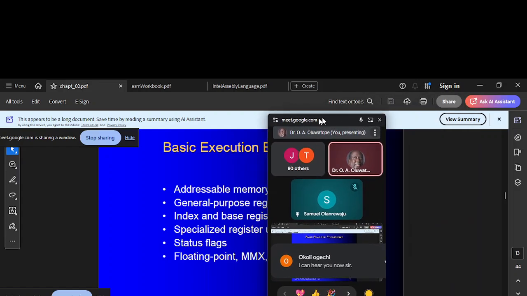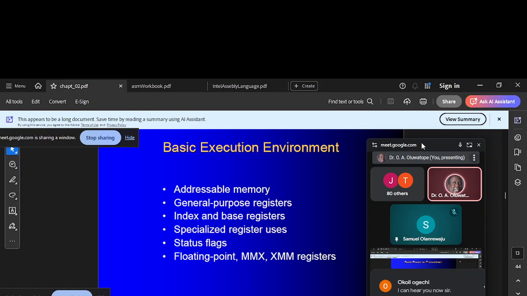Okay, so now let's look at the basic environment of the processor. We'll be considering addressable memory. We'll be considering registers. There are three types of registers: general purpose registers. Remember, I told you that in the CPU are registers.